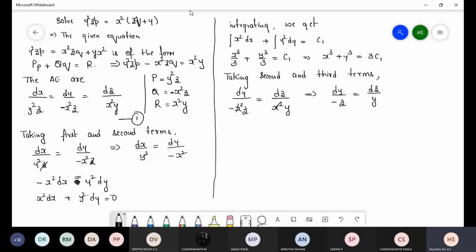Again cross multiply, y into dy is equal to minus z into dz. So I rewrite this equation, y into dy plus z into dz is equal to 0.